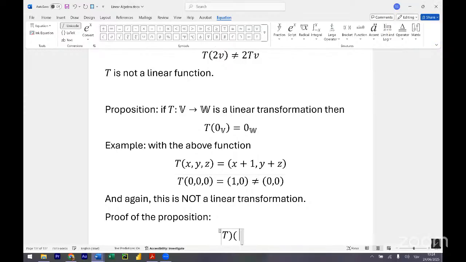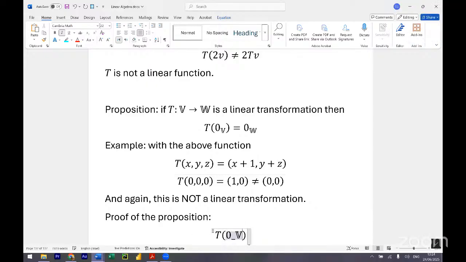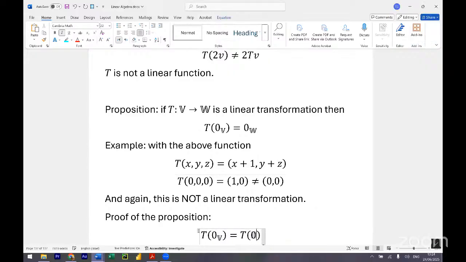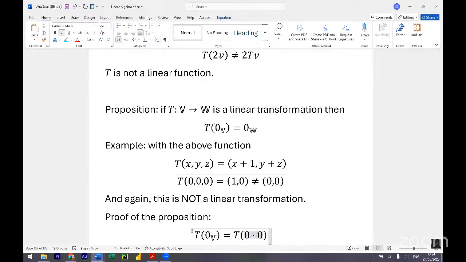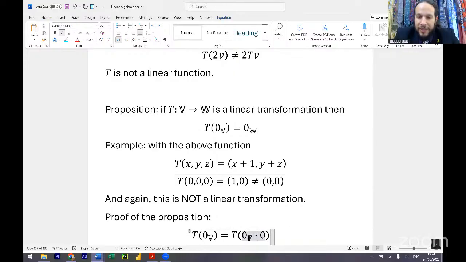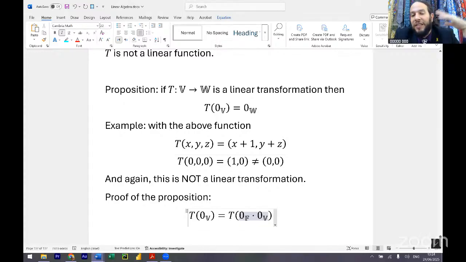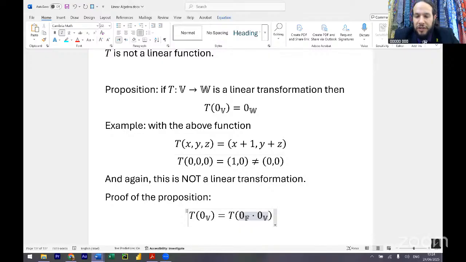T of 0, there are a lot of zeros in this proof, so you need to follow carefully. T of 0 equals T of 0 times 0, where the first 0 is the 0 of the field, and the second 0 is the 0 of the vector space, since the 0 scalar times any vector equals the 0 vector.